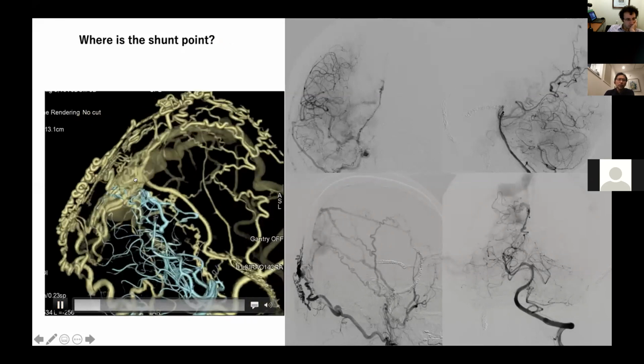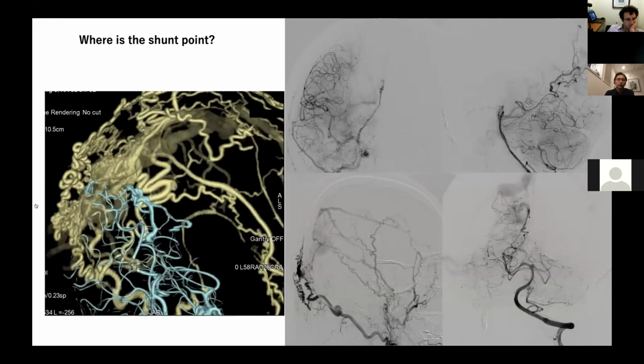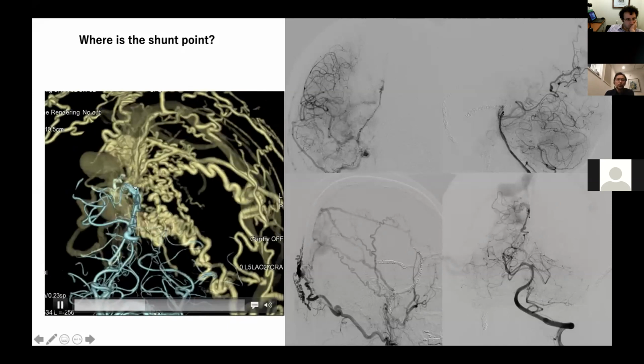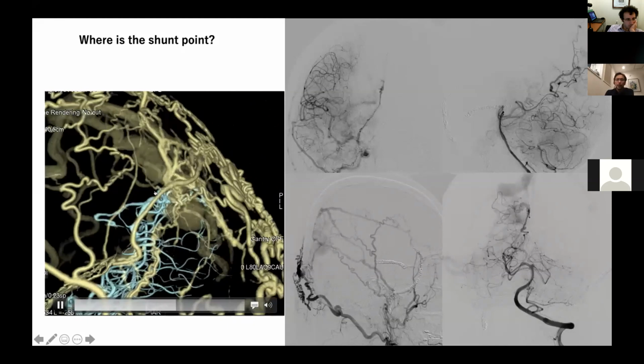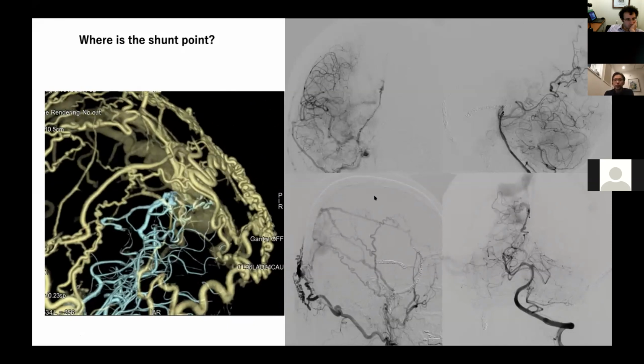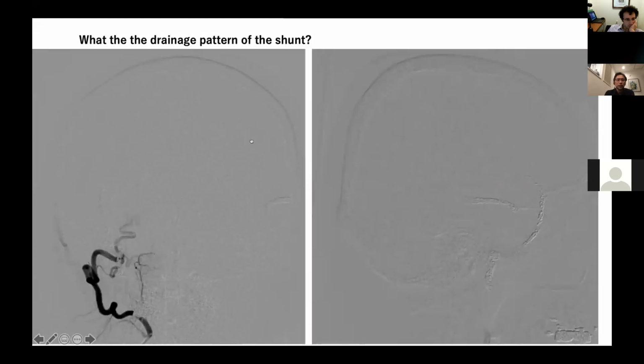So it's not at the convexity, it's more under the superior sagittal sinus, or otherwise we can say it's on the surface of the falx. Okay, so this is the general anatomy of this shunt. Not a big deal, just to walk you through.